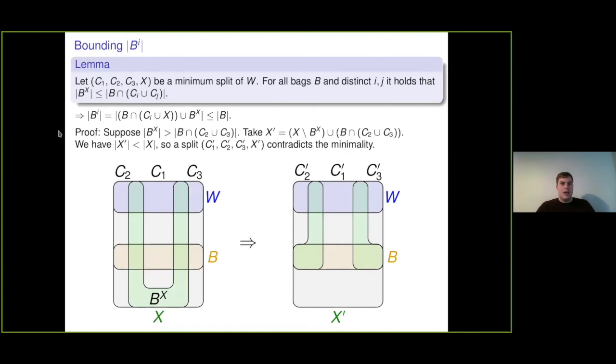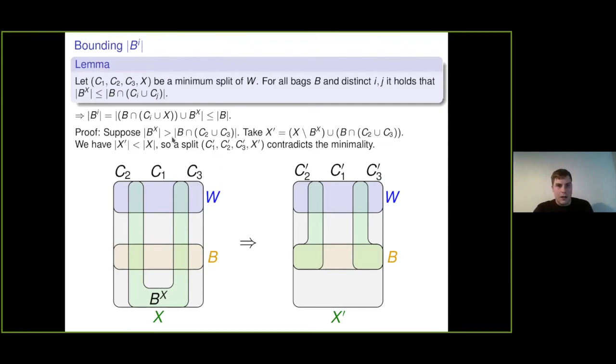And how to prove this lemma is basically, okay, let's suppose the contrary. Let's suppose these fixing vertices have size larger than this intersection. Now let's construct a better split. Let's take X prime: we remove this Bx, these fixing vertices, from X, and insert the intersection with C2, C3.